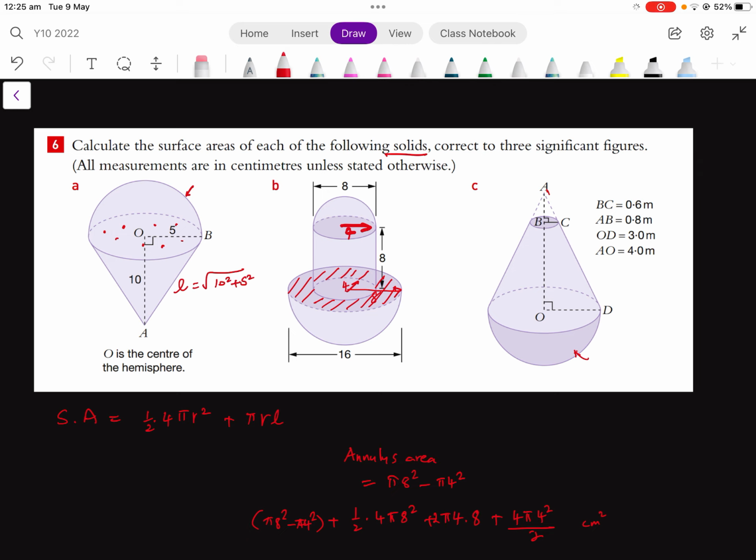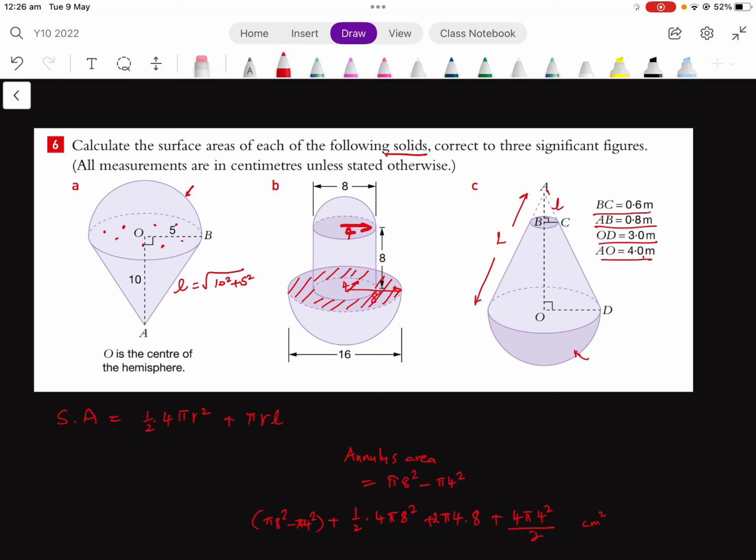So I know AC from knowing BC. BC is 0.6 and AB is 0.8. I can find small l and then I can find the capital L from A to the whole end. Capital L I can find using AO. AO is 4 and OD is 3. So I can find capital L using Pythagoras theorem.